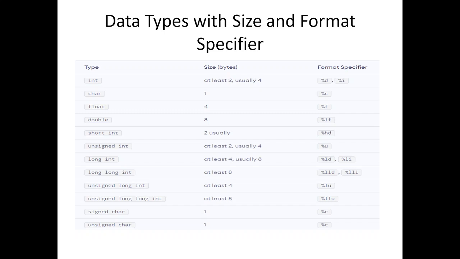Then you have long long int, with %lld or %lli, unsigned long int, signed character, and unsigned character. So you have different data types available, divided in this way.